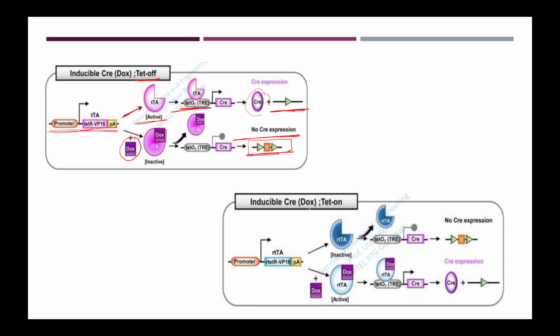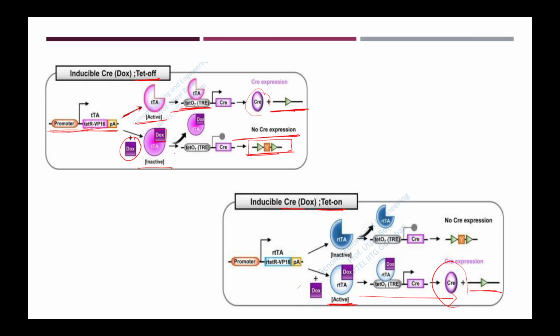Similarly, this inducible Cre system is also a Tet-On system. That means in presence of drug, it will be active. And here in the Tet-Off system, in presence of drug, it is inactive. So in the active form, it will express the actual Cre recombinase, and then it will cause the gene modification.